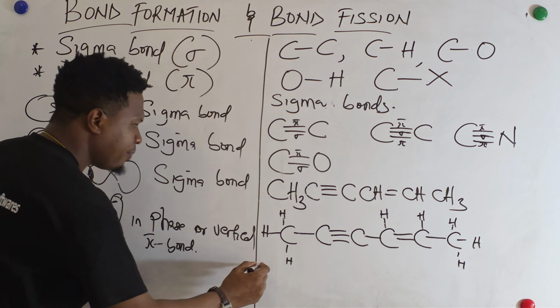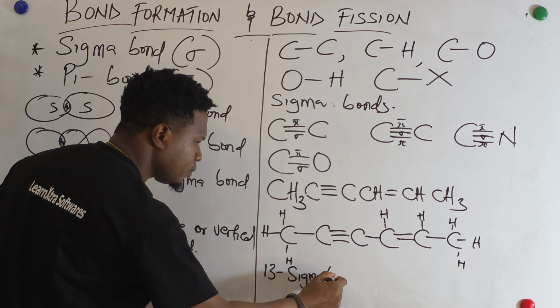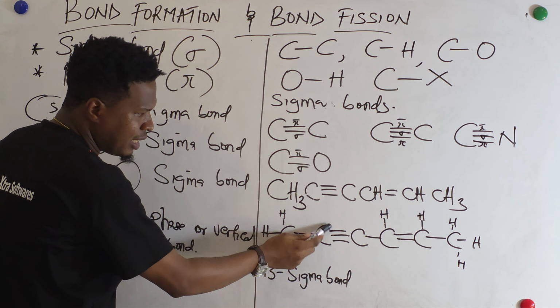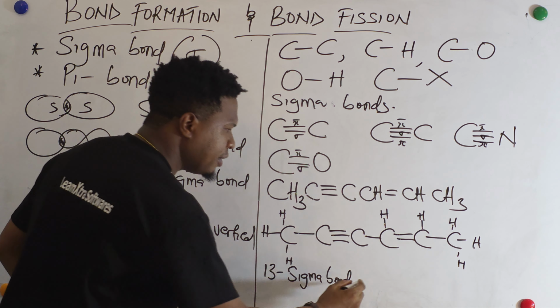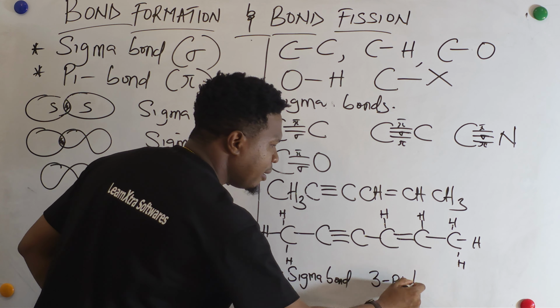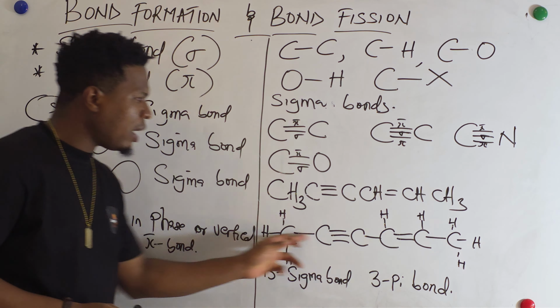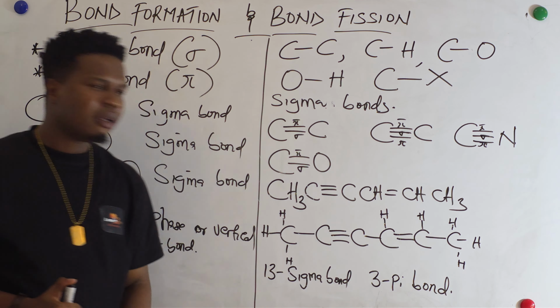So I have 13 sigma bonds. How many pi bonds do I have? Out of these triple bonds, 2 are pi, so 1, 2 is pi, plus another one here is pi. So I have 3 pi bonds. So inside this compound, I have 13 sigma bonds and 3 pi bonds.